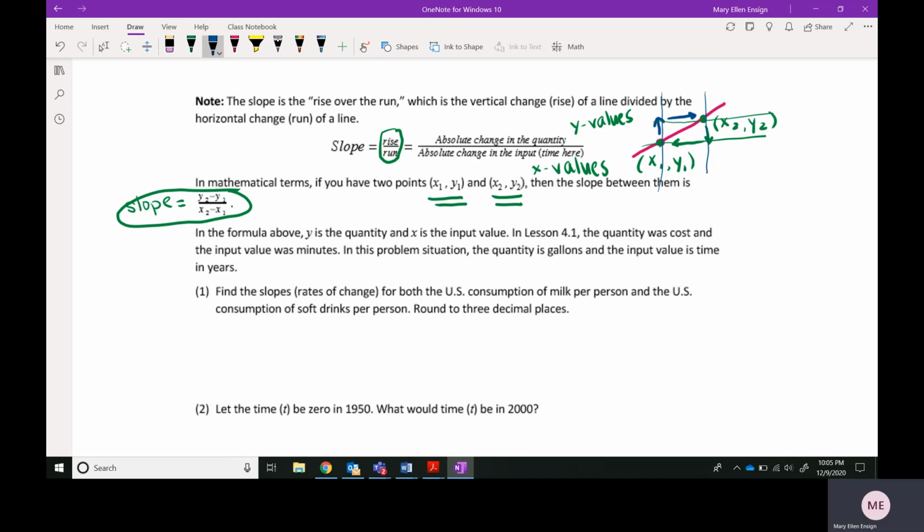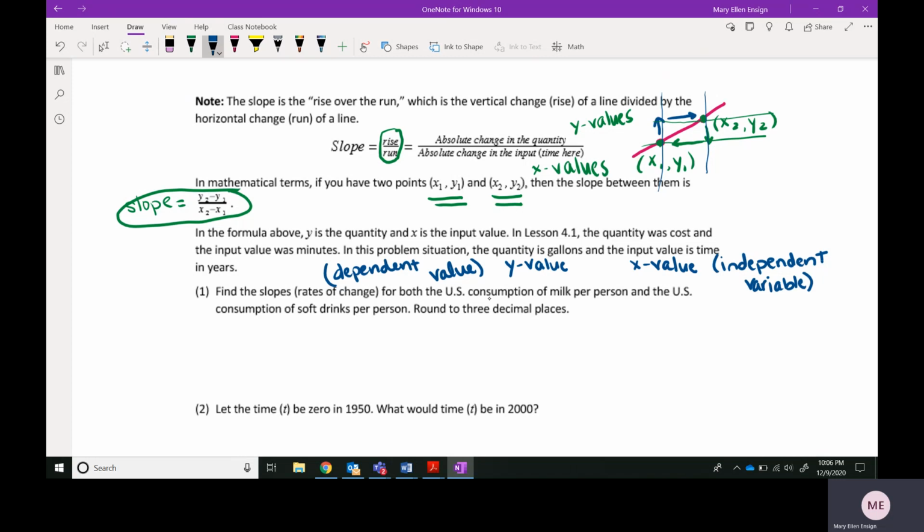Okay, in this problem situation, the quantity or y value is gallons and the x value is time in years. The x value is also called our independent variable. You might remember hearing that before, because I can give any value I want for x, and depending on what my value of x is, I get out a certain value of y, which is called my dependent variable.